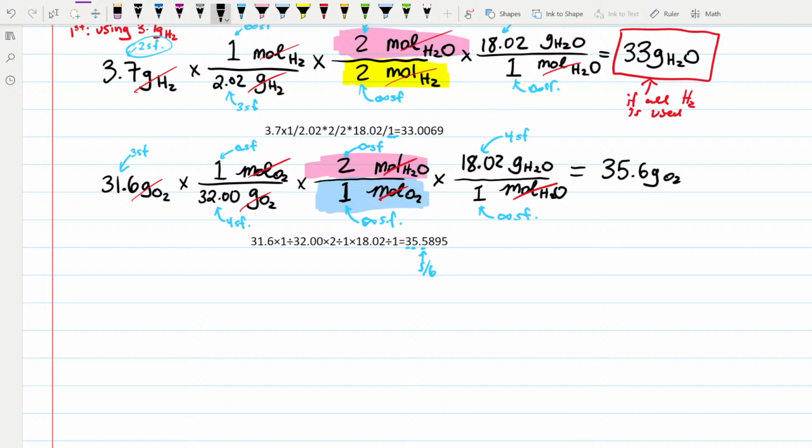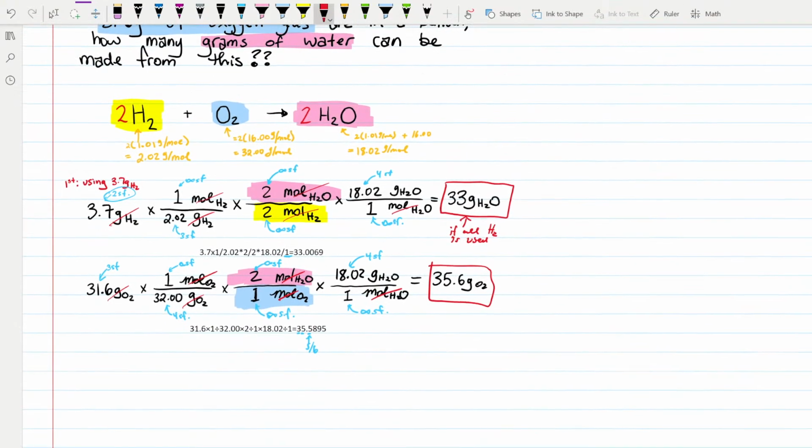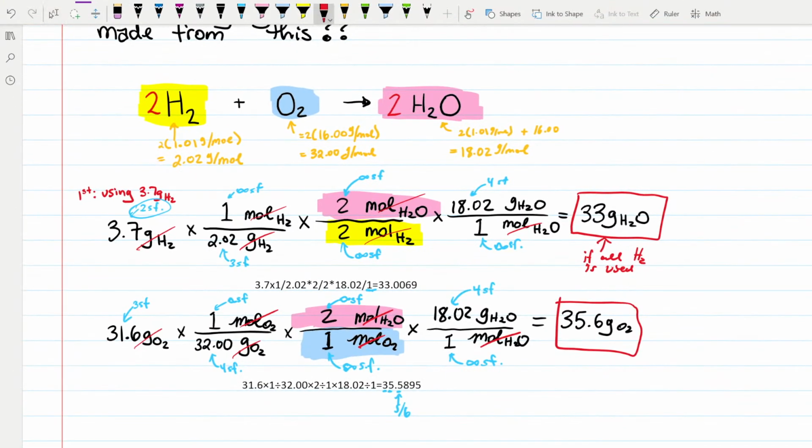grams of water. And now the final question is, which one of these is the answer? If we use all the hydrogen, we can make 33 grams. On the other hand, if we use all of the oxygen, we can make 35.6 grams. And this is just like our sandwich situation, where if we have enough bread to make 4 sandwiches, but we only have enough bacon to make 3 sandwiches, well, we said that's the right answer.